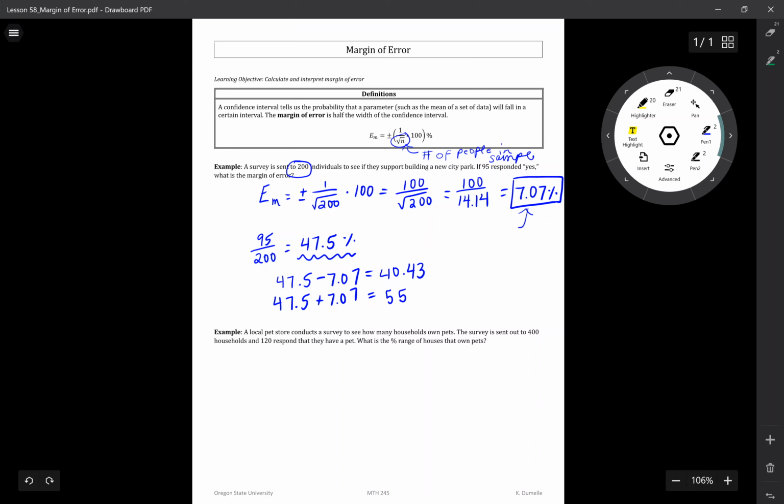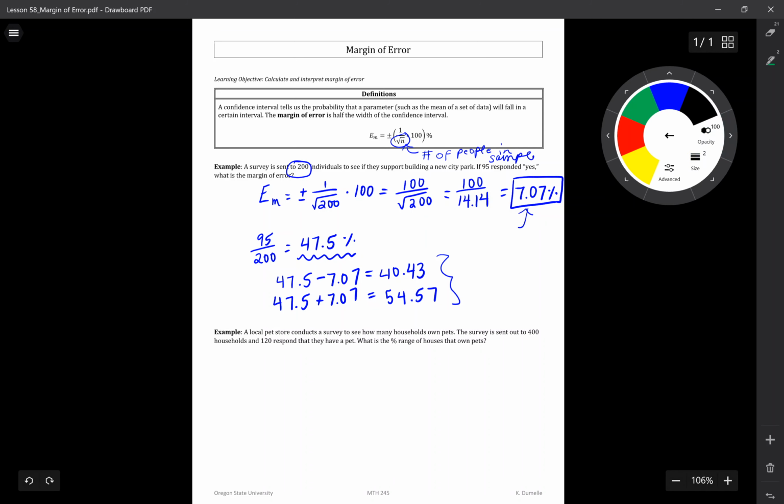Whoops, 55. Nope, that's not right. Sorry, 47.5 plus 7.07 is 54.57. So we are pretty sure that between 40.43 and 54.57% of people in this town support the park.